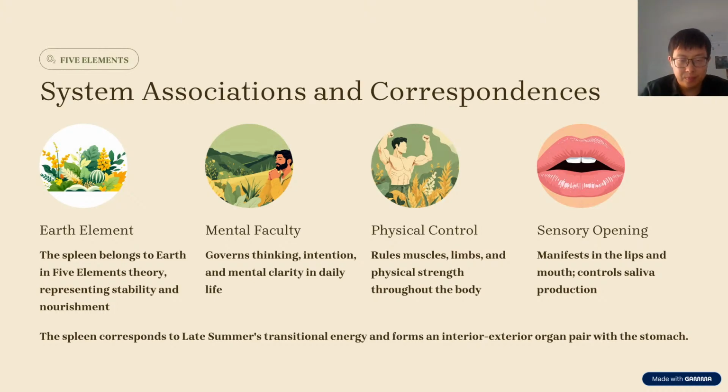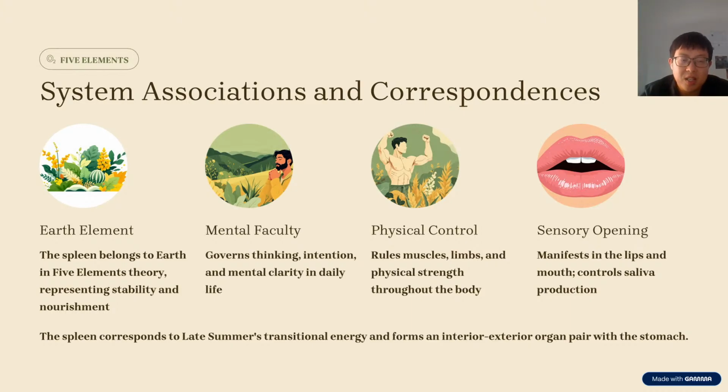In Chinese medicine, like I said, the spleen represents an integrated functional system rather than a single organ. The spleen governs the mental aspect as well, which refers to thinking, intention, and cognitive focus. Emotionally, the spleen is associated with excessive thinking and rumination.